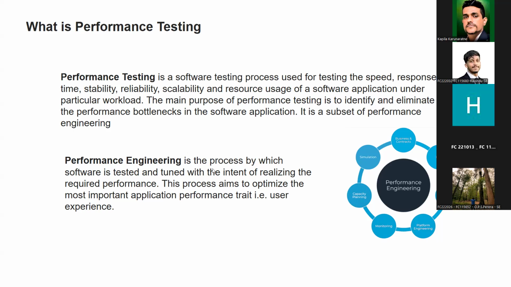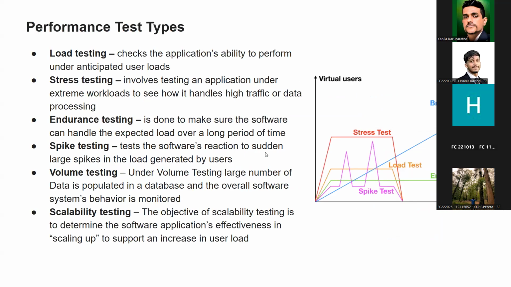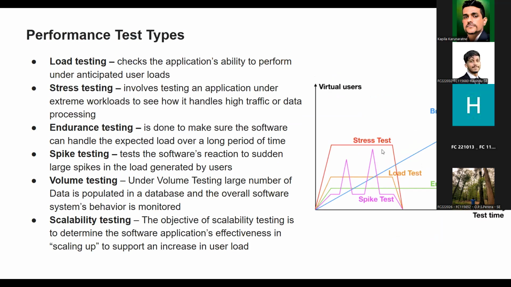So giving an example, when you look at performance testing, I think this graph clearly shows the various types of performance testing we can perform in the real world. So load testing, you can see the load testing graph. Basically, load testing is testing an internet banking application for 60,000 concurrent users.